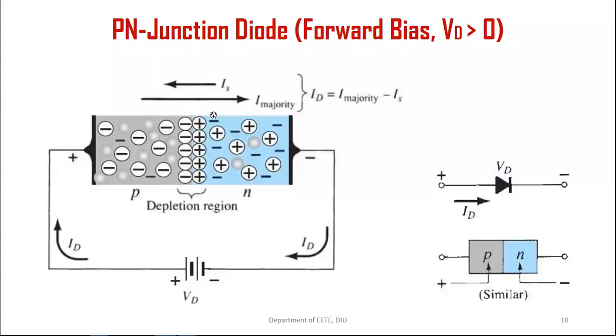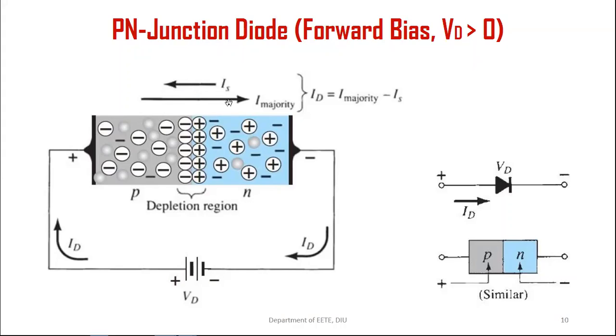When it is thinner, there will be no barrier, so the majority electrons will flow from N to P, so the current will be in the reverse direction. That's why I majority. And similarly for minority carriers, you see the minority carriers in the P type material will also flow from P to N, so the current will be in the reverse direction.